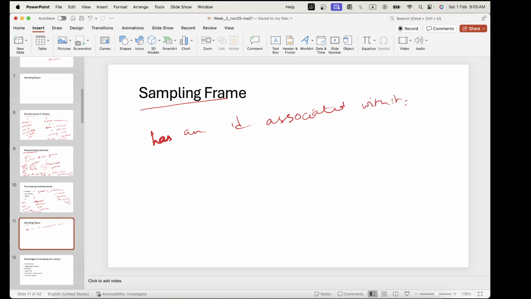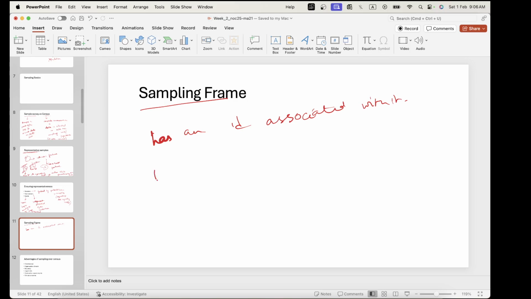If you remember the example with the colorful balls provided in the lecture, if I can list all the people in a population, that would be my sampling frame.